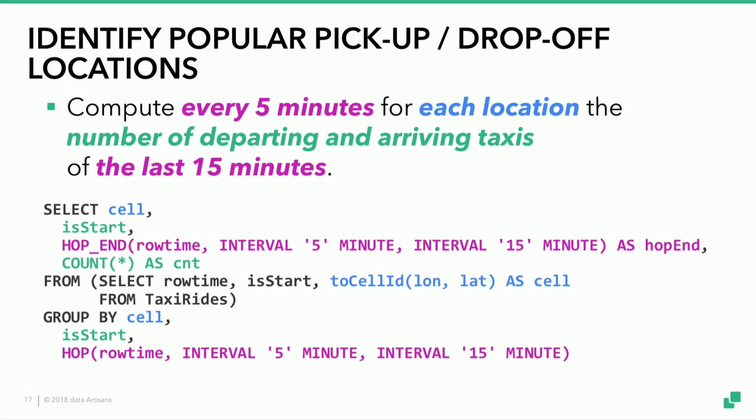And to mention, in the subquery in the middle, we are just assigning a cell ID. So we're basically building a grid out of New York City. We're assigning the geo coordinates to some cell, and then we count within this cell and also output that.